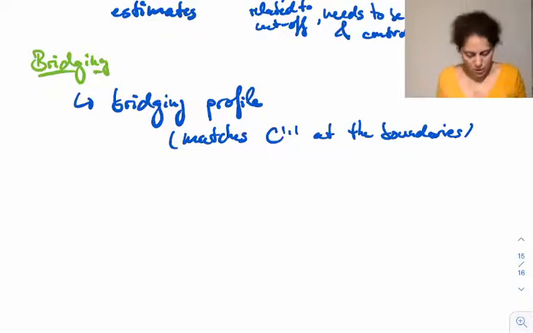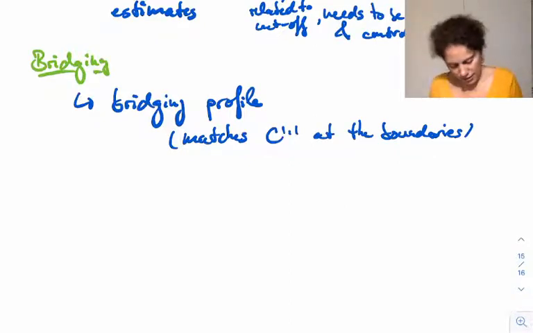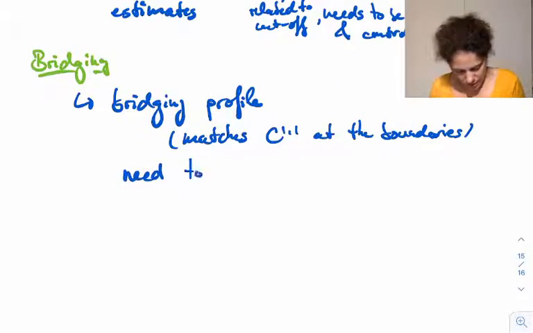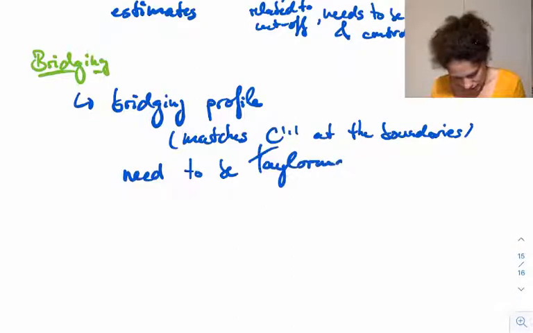So we need to tailor-make such a bridging profile. Tailor-made, it doesn't involve any Taylor expansions, it's tailor-made for our purpose.